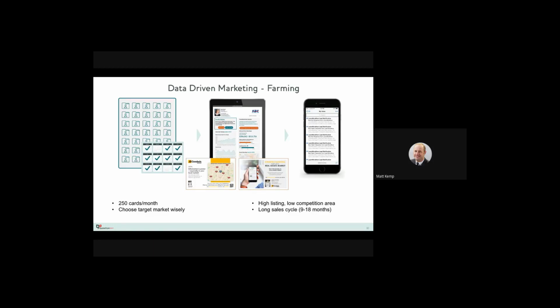One of our newer cards is pretty fantastic, actually. This is what we call a market report card, as you can see here on the left. It provides the homeowner with sales data in their area.